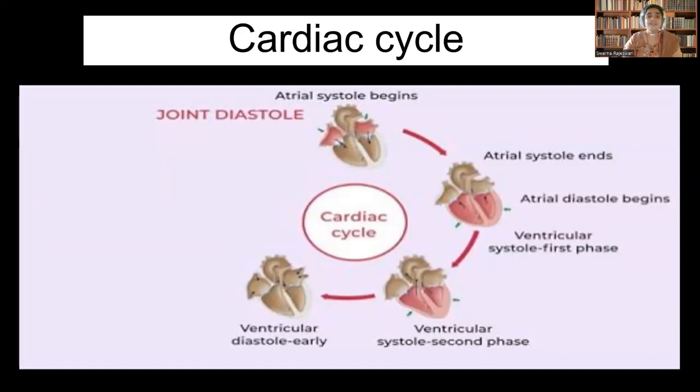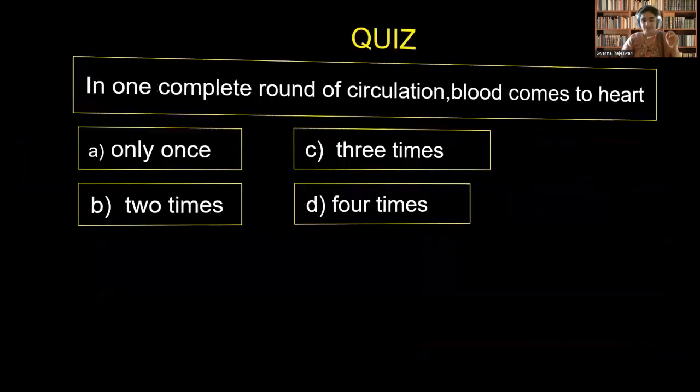First, the entire heart will be in the diastole stage. Then atrial systole begins. Immediately after the atrial systole ends, the ventricular systole begins. Then ventricular systole ends, and diastole occurs, where all the chambers of the heart are in the diastole stage, which we call cardiac diastole.